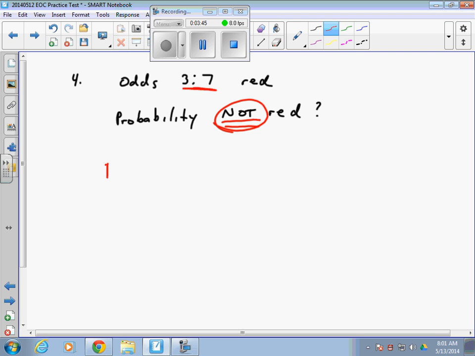Remember, odds are favorable over unfavorable. So what that's saying is for every 3 candies you're going to pick, 7 of them are not going to be red. 3 of them are red, 7 are not. When you're talking about probability, however, it's your favorable outcome over your total outcomes.